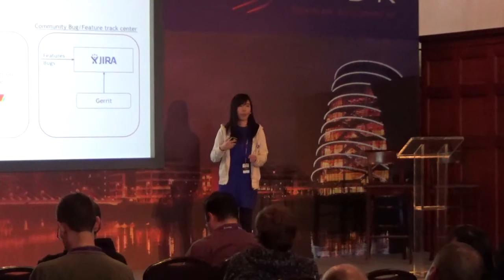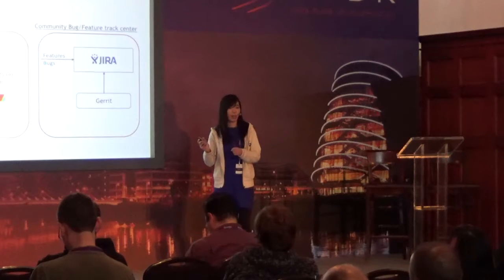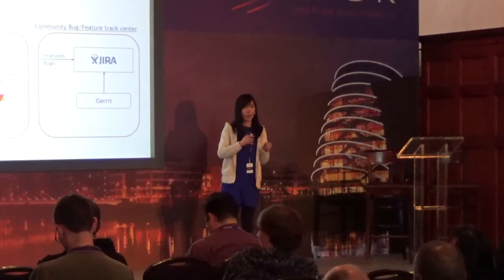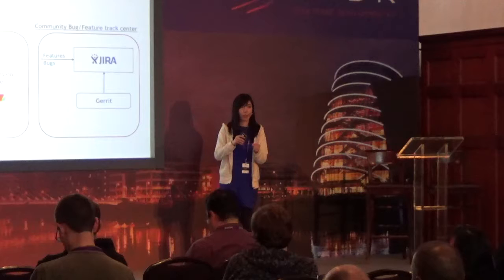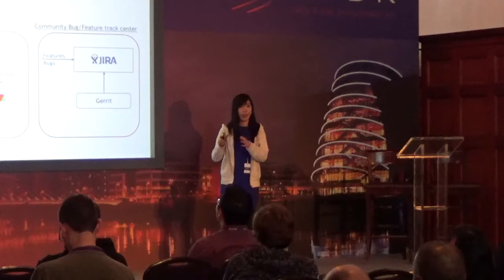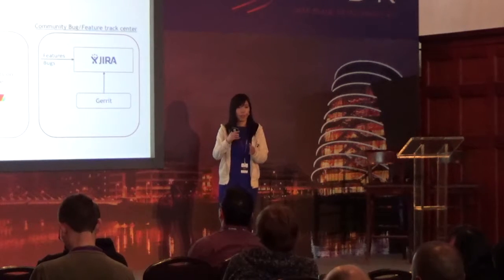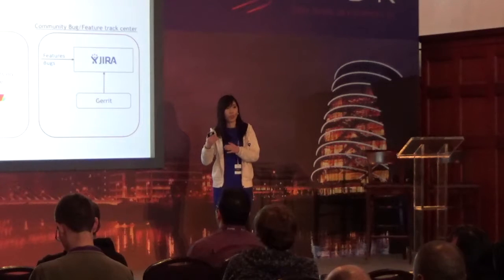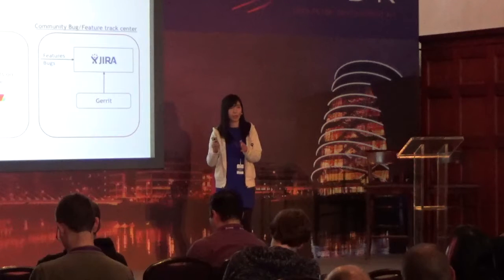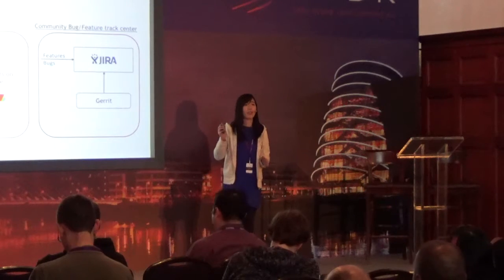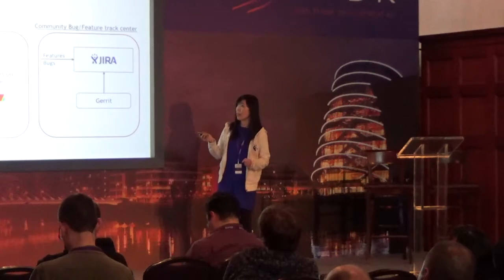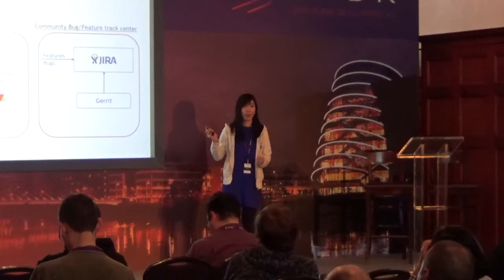For example, if I have a bug in the bug system, I can link my patch in Gerrit to the Jira issue, saying this patch fixes this bug, and if the patch is applied, the bug status can be changed to, for example, implemented. So there are connections between the bug system and Gerrit, the code review system. This is a sample of the CI of the Linux Foundation, FD.io.